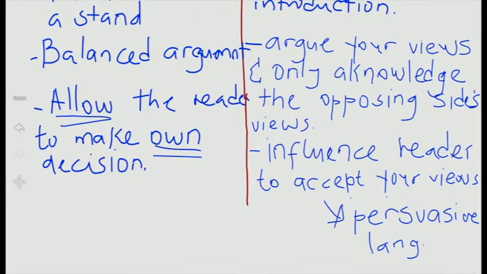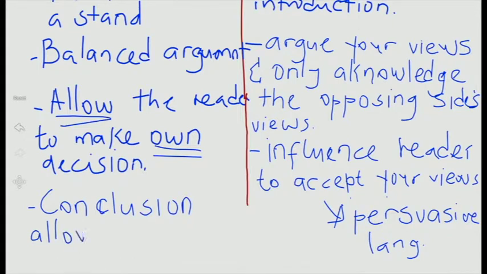Okay, so the one other thing about your standpoint: in a discursive essay, we say that it is allowed in the conclusion. So for the conclusion, you can take a stand, or you can express your standpoint.